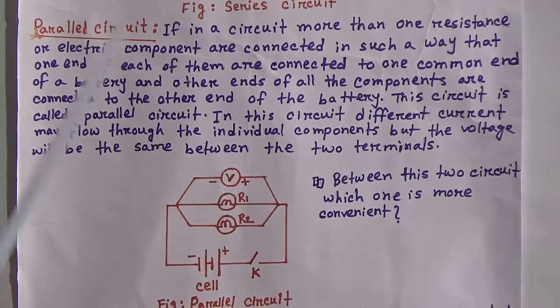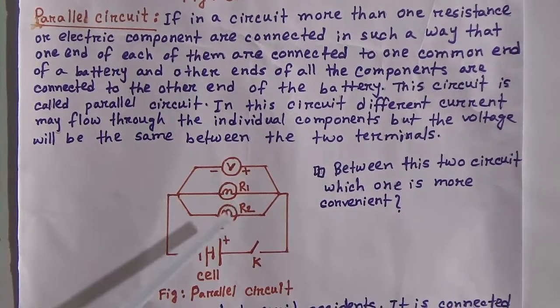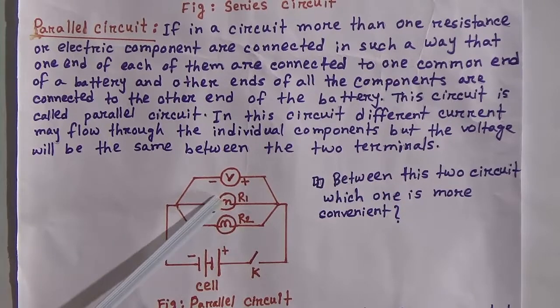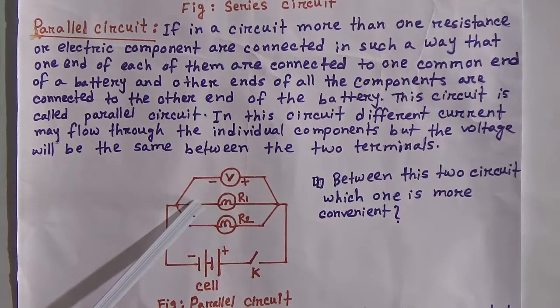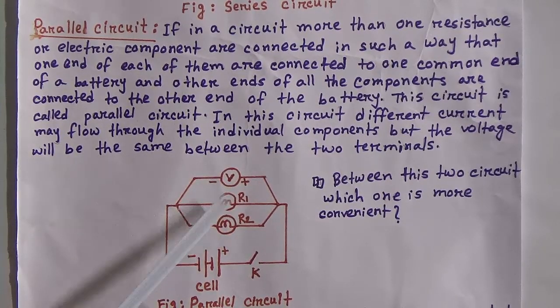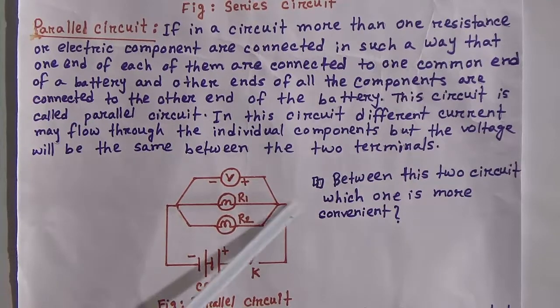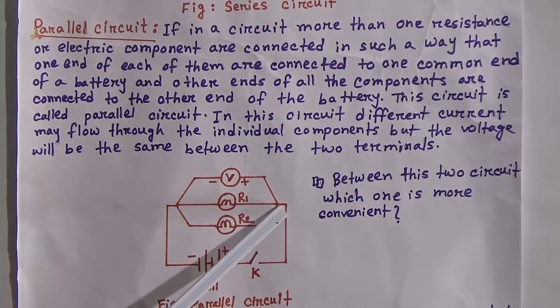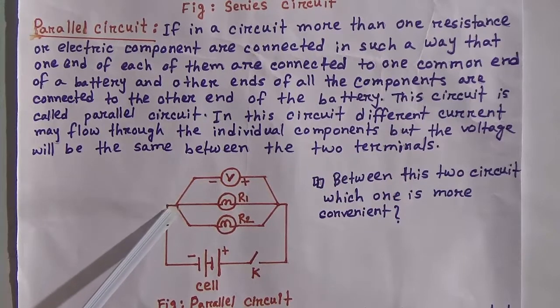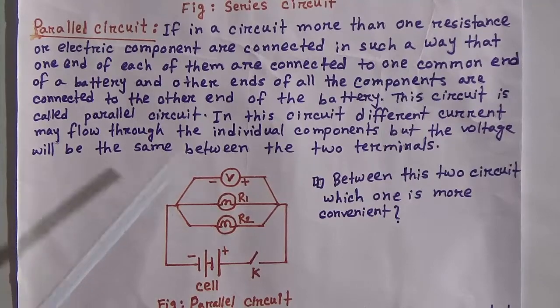The answer is that the parallel circuit is more convenient, because if one bulb is fused, the other bulb will still light, since currents may flow differently, but the voltage will be the same between the two terminals. That's why the parallel circuit is more convenient for our domestic uses.